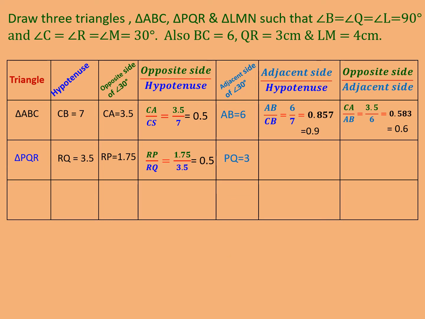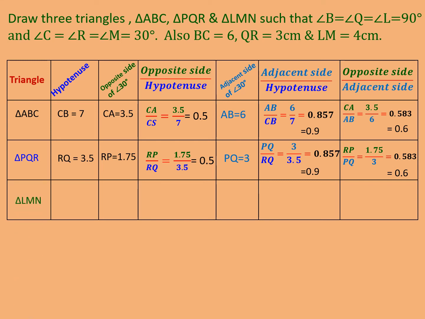We have adjacent side PQ, 3 centimeters. Then PQ upon RQ, that is 3 upon 3.5, which is approximately 0.857, which is approximately 0.9. Same way, opposite upon adjacent, 1.75 upon 3 equals 0.583, which is 0.6.